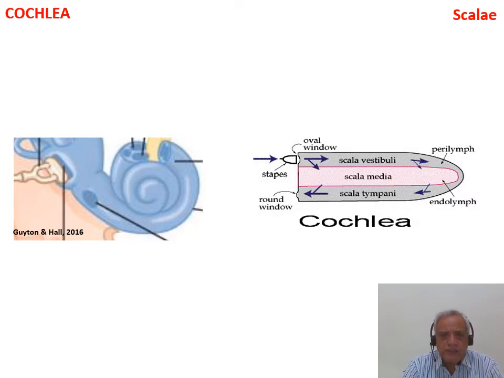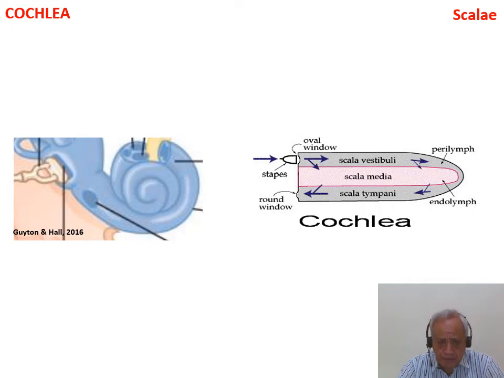What you notice in this picture is that the scala vestibuli and scala tympani are communicating with each other. The second observation is that the scala vestibuli starts at the oval window.